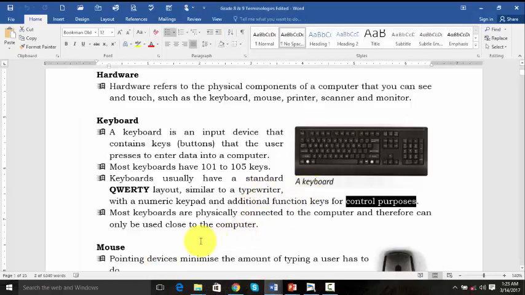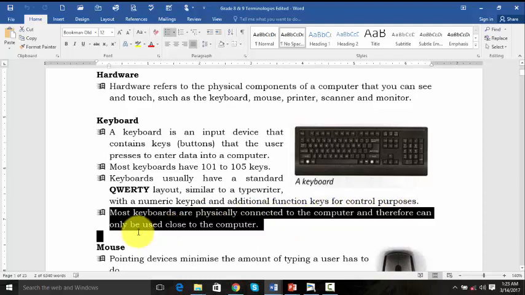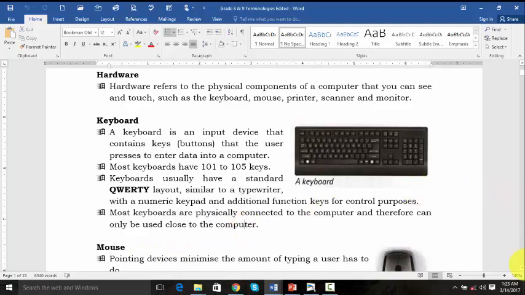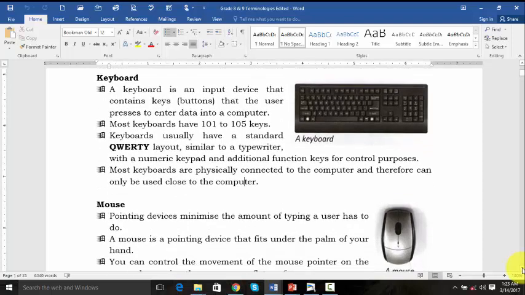So what we are saying is that most keyboards are physically connected to the computer and therefore can only be used closely to the computer. What I mean is that hardware components of the computer can either be connected wirelessly or wired.